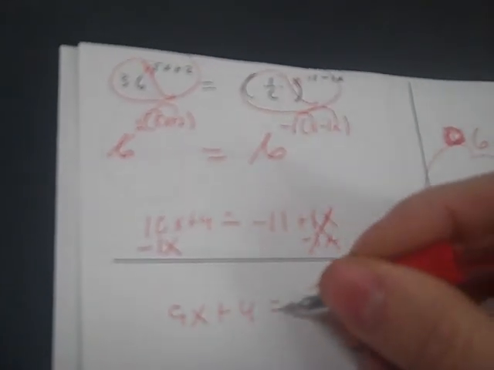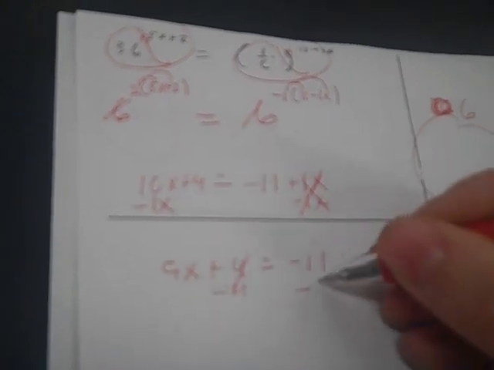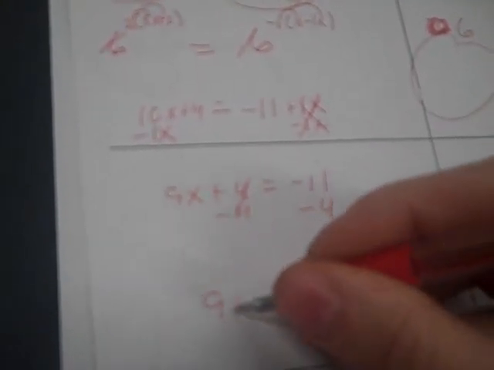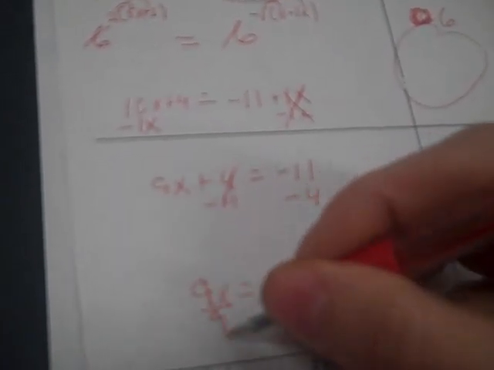It's 9x plus 4 equals negative 11. Then minus 4, minus 4. 9x equals negative 13. Divide by 9. Negative 1.4 repeating. You could also leave that as negative 13 over 9 if you wanted to.